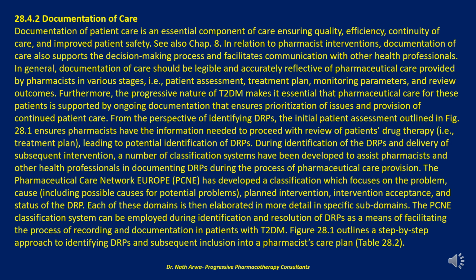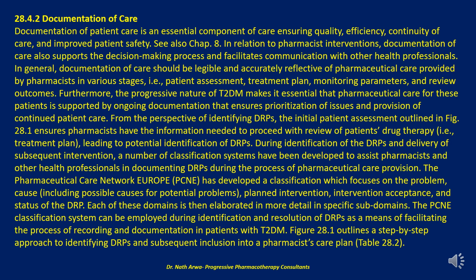From the perspective of identifying drug-related problems, the initial patient assessment outlined in Figure 28.1 ensures pharmacists have the information needed to proceed with review of the patient's drug therapy, i.e., treatment plan, leading to potential identification of drug-related problems.